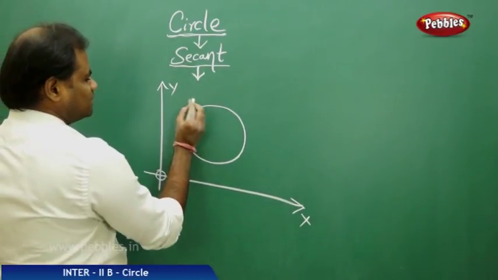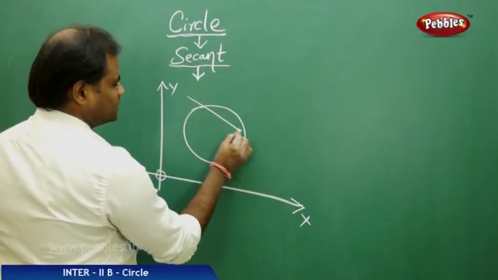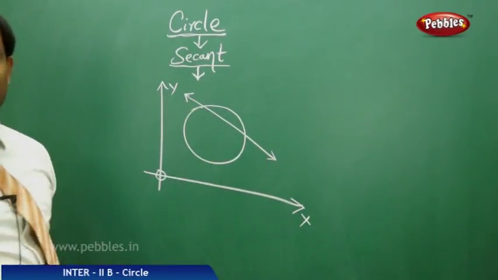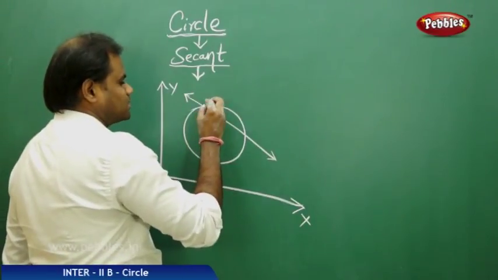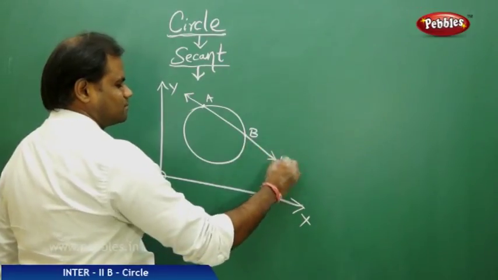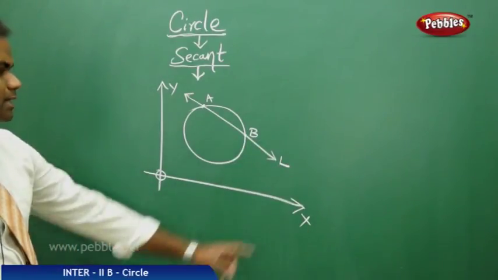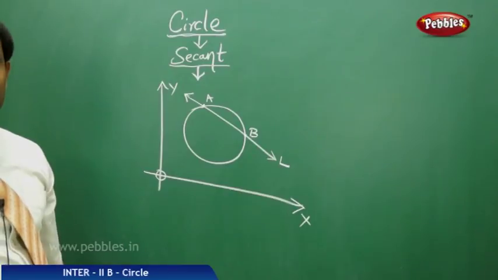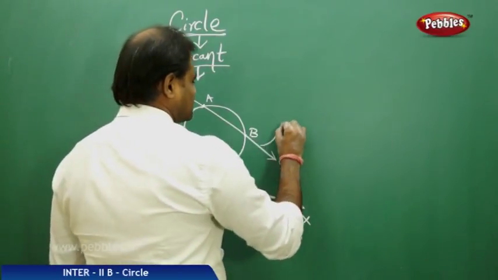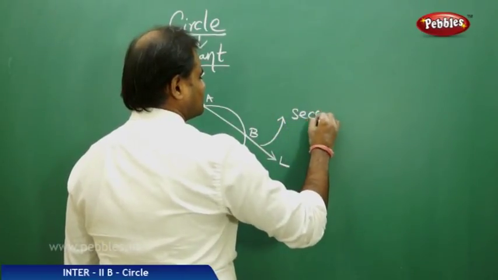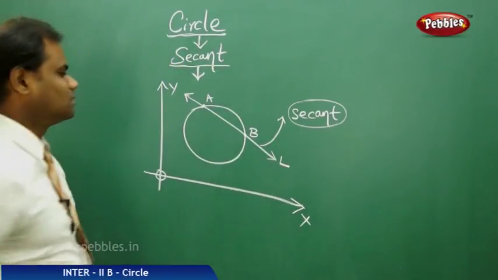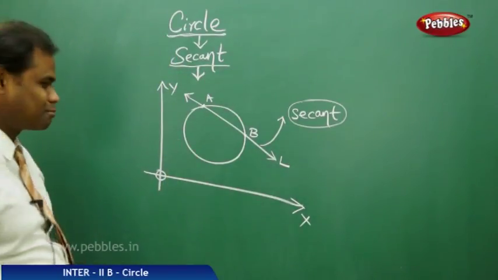Now there's a line, a ray, which cuts the circle at points A and B. Now L is called the secant of the circle, because the line which cuts the circle is called a secant. So this is called the secant for the circle as considered here.